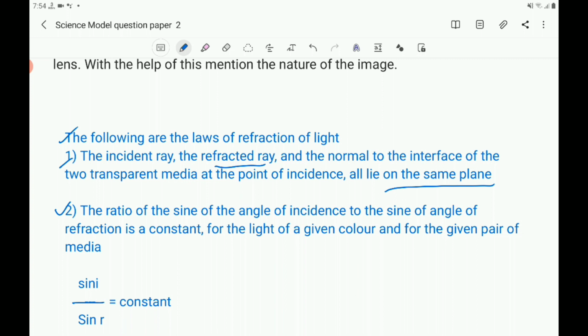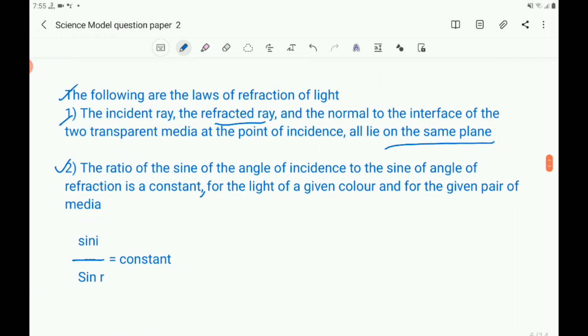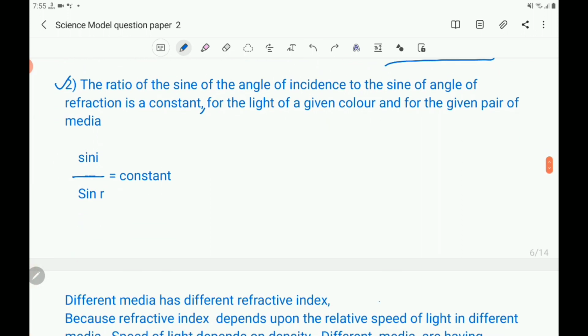The statement of the second law is the ratio of the sine of the angle of incidence to the sine of angle of refraction is a constant for the light of a given color and for the given pair of media. So you write that sin i by sin r equals constant.